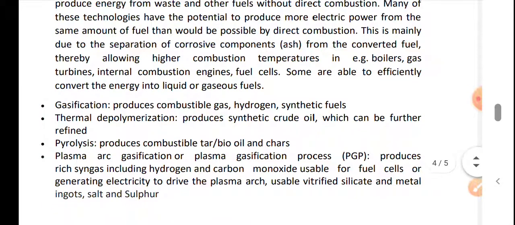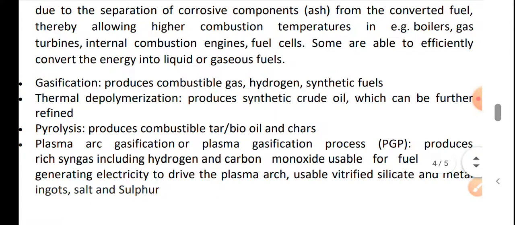So some other technologies such as gasification are used, which produces combustible gases and increases the efficiency of the plant.